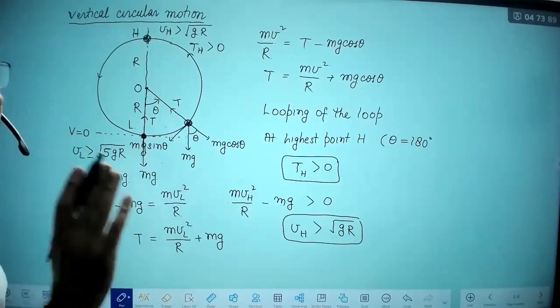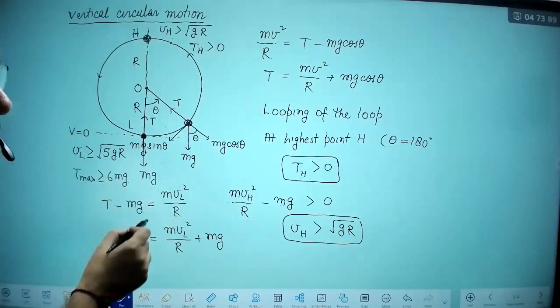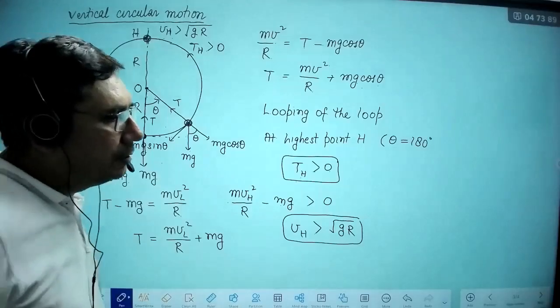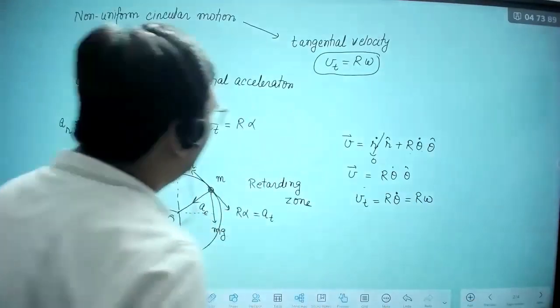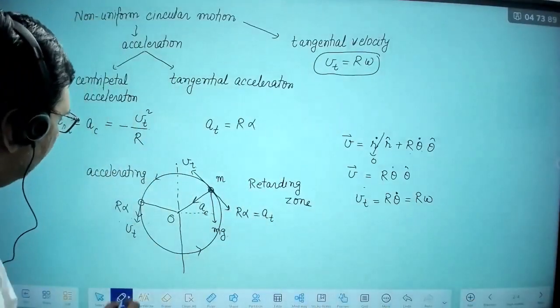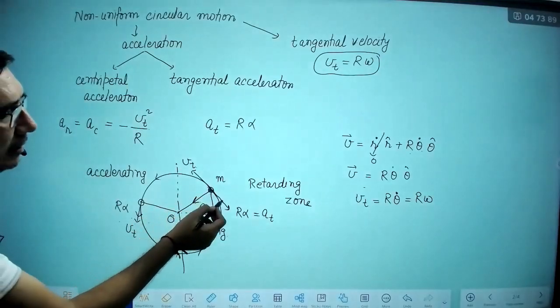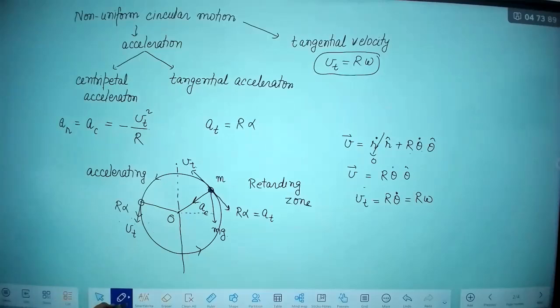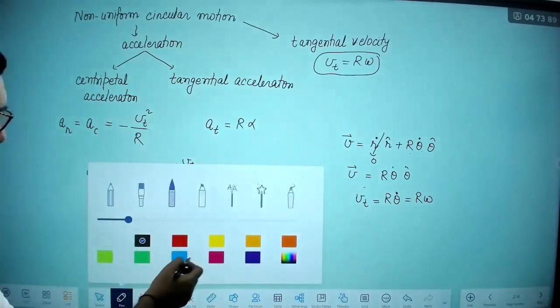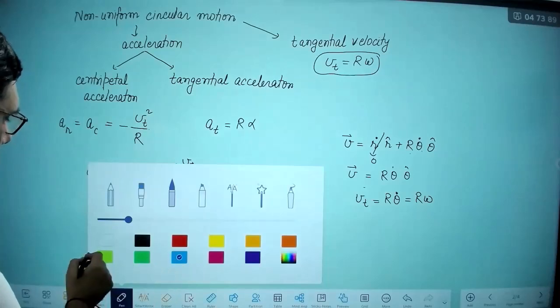In case of vertical circular motion, whatever acceleration I have told you, here in this case, this is AC and this is AT. One more thing is there.